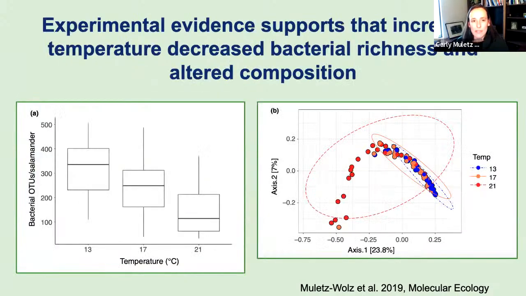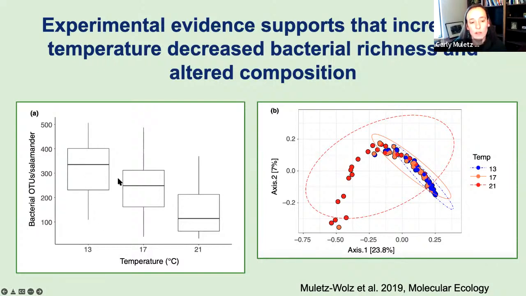And with the experiment, we were able to support the findings from the field that increased temperature decreased bacterial richness and altered composition. So similar to that salamander at the top of the mountain that had the highest species richness, the salamanders that were at the coolest temperatures had the highest species richness.